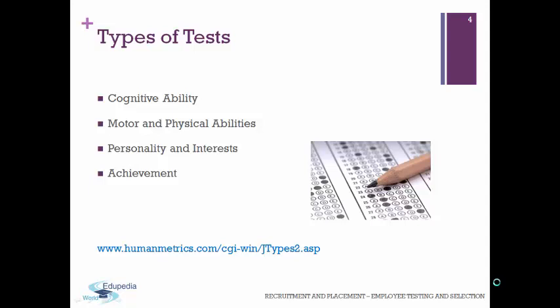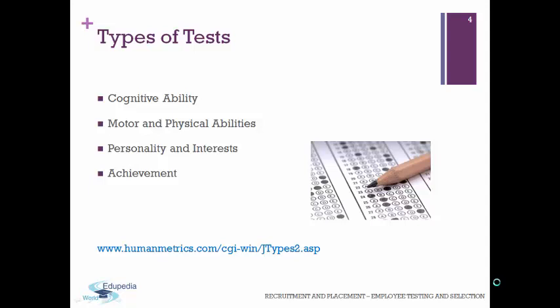Industrial psychologists have often focused on personality dimensions, and they refer to something known as the Big Five, right? And these dimensions usually include extroversion, emotional stability, agreeableness, openness to experience, and so on.